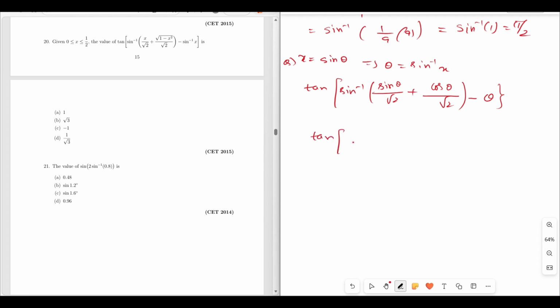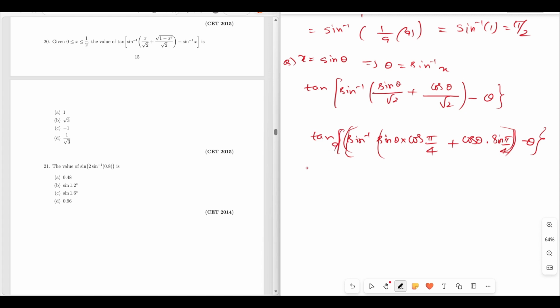Tan of sine inverse, I'll write this as sine theta into 1 by root 2. So 1 by root 2 is nothing but cos pi by 4, correct? Plus similarly cos theta into sine pi by 4, because 1 by root 2 is sine pi by 4, minus theta.